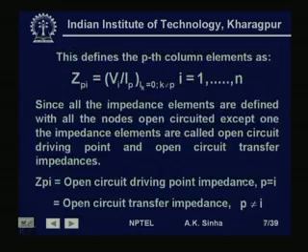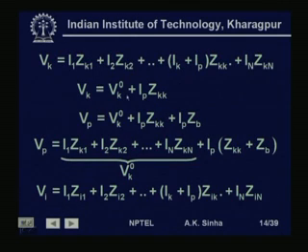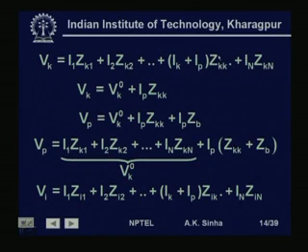So, we are writing that expression: Vk is equal to I1 into Zk1 plus I2 into Zk2 plus, now at the kth bus, what is the current which is entering? The current which is entering now is Ik plus Ip. So, we will have Ik plus Ip into Zkk plus up to In into Zkn.